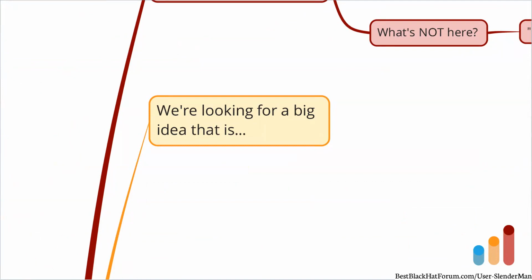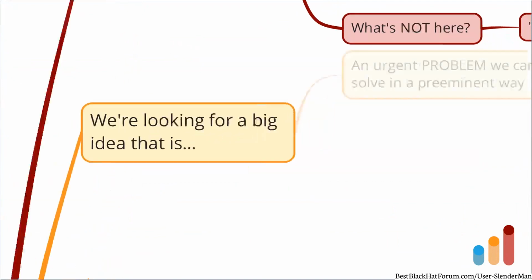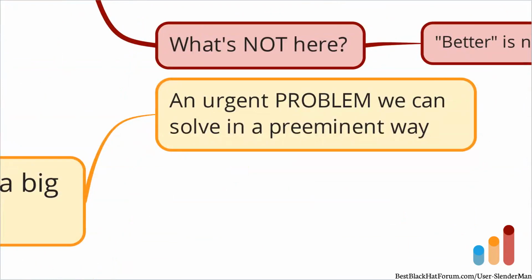So we're looking for a big idea that is either going to address reactive demand fulfillment or proactive demand generation. So we're looking for a big idea that is an urgent problem that we can solve in a preeminent way. Our prospects, our market have a problem that we can solve in a way that is better than the other options that are available to them in the marketplace.